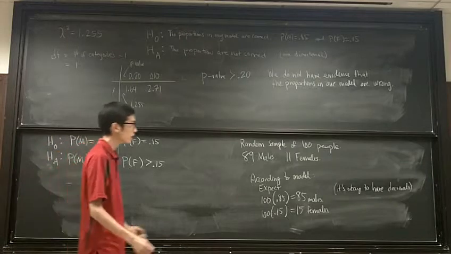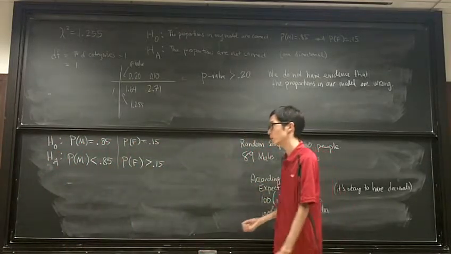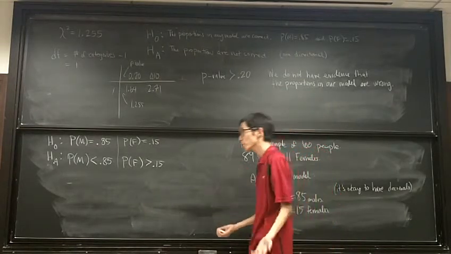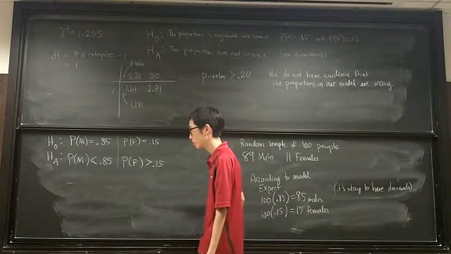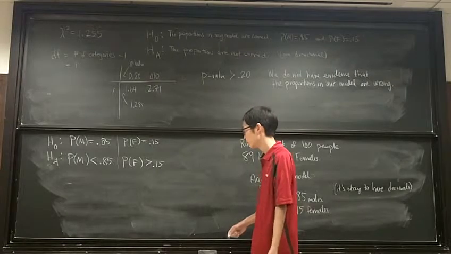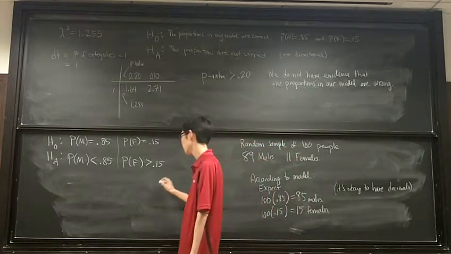So let's say we were not talking about male and female, but something where there were more than two categories. Maybe we were talking about different races in the military.